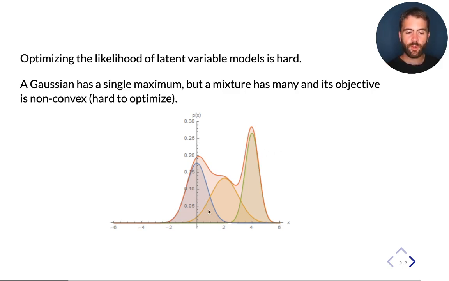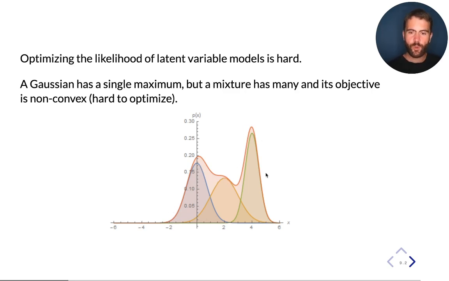Consider this example, which shows a mixture of three Gaussians. Each Gaussian is a simple bell curve, and it has a single maximum. So here we have a maximum for the green curve, the yellow curve, and the blue curve. But now when we mix them together, we have this much more complex shape for our distribution.